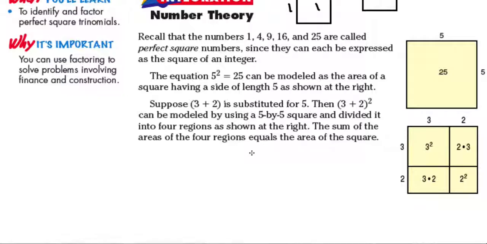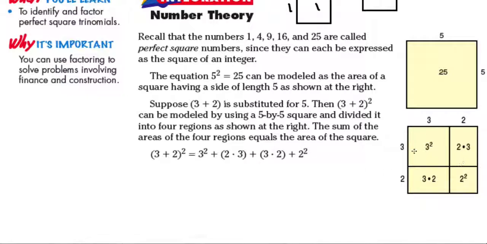So what we do is this. We have 3 plus 2 squared, which, using the Punnett square method, is equal to 3 squared plus 2 times 3 right here, and 3 times 2 right there, plus 2 squared.